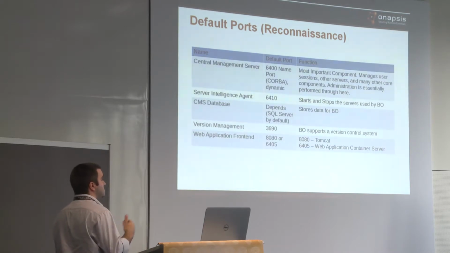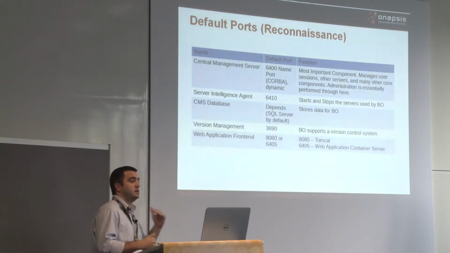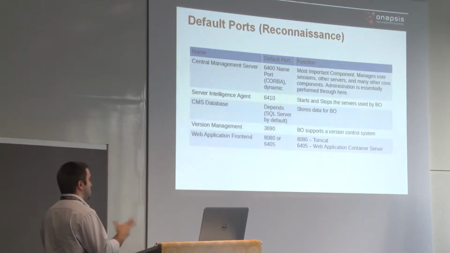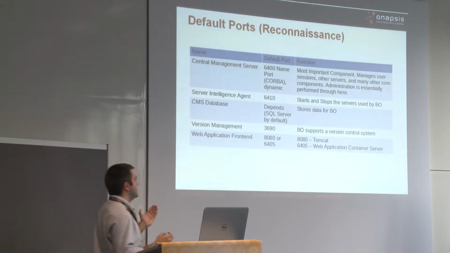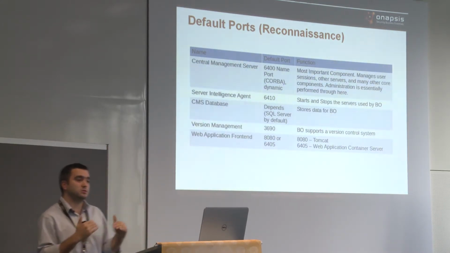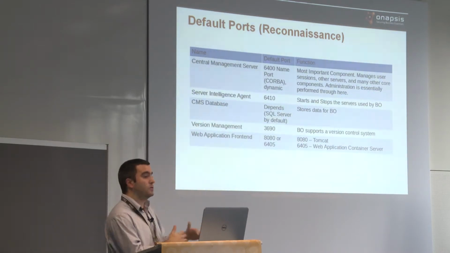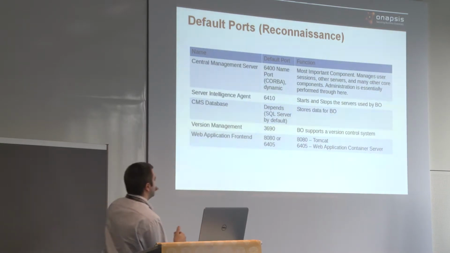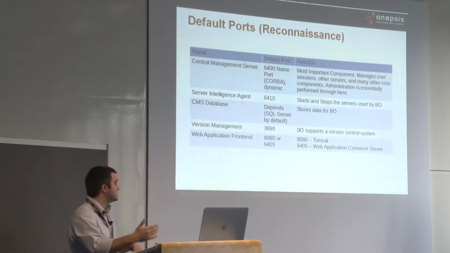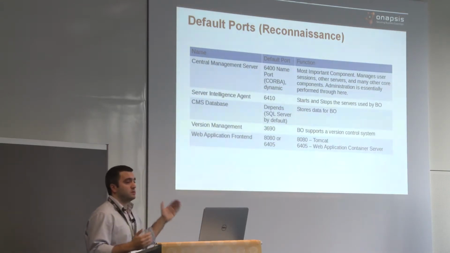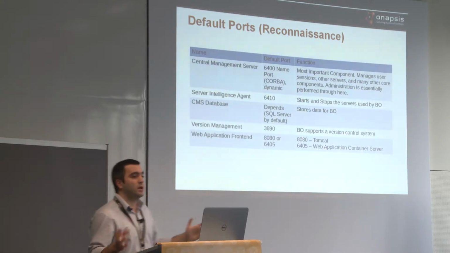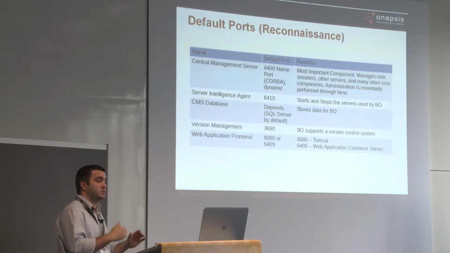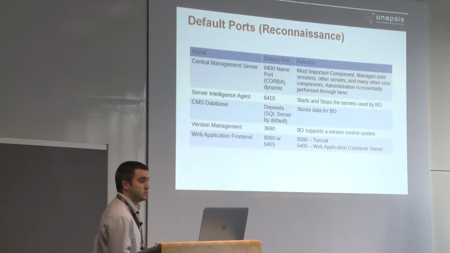Then the CMS database, which could be SQL Server, MaxDB, or Sybase, depending on the version and your implementation. Version management is interesting because BusinessObjects is also shipped with something that allows you to do code versioning, so this port should not be exposed, for example, to end users. And then the web application framework, the most well-known port, 8080, because it's the one listening in Tomcat, and Tomcat is used to expose BusinessObjects applications.